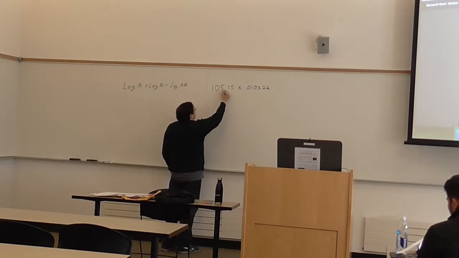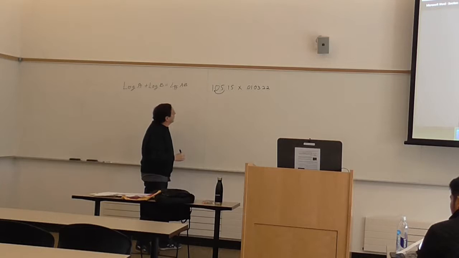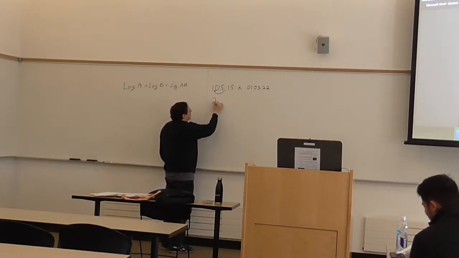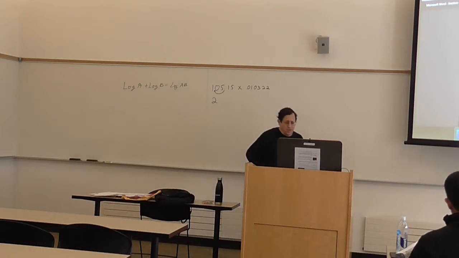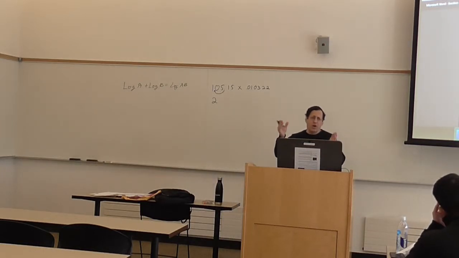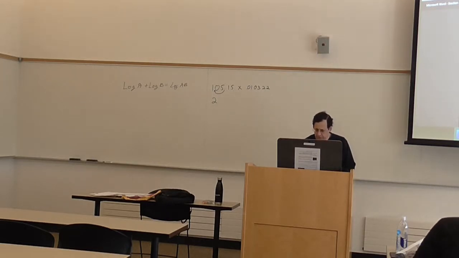I want the integer part of the exponent, that's 2, plus what they call the mantissa, which is the part of the log which is between 0 and 1. And I look on this table here. There it is. My cursor. You look on line 105.